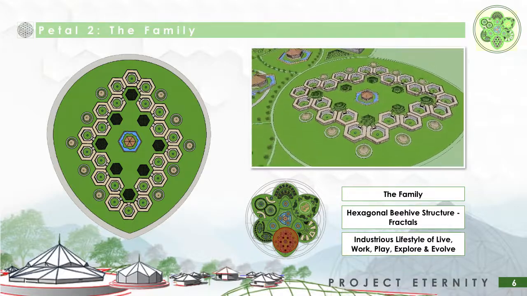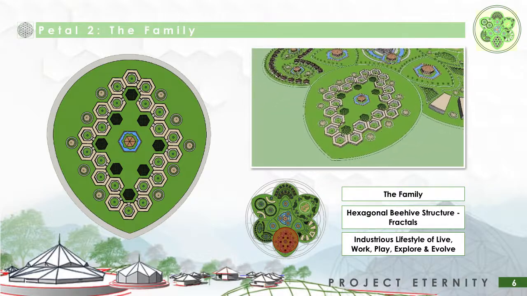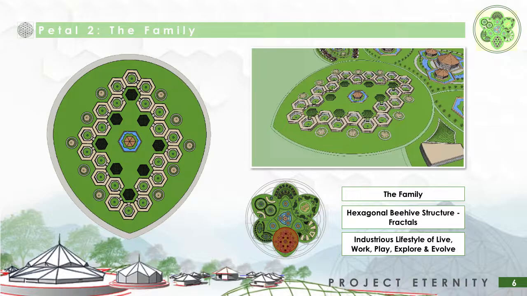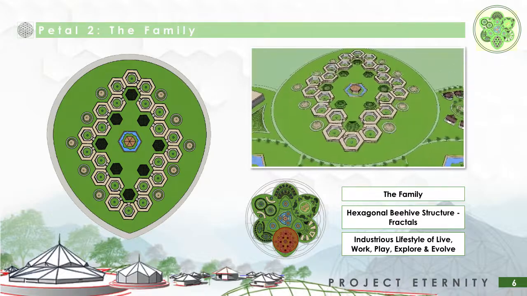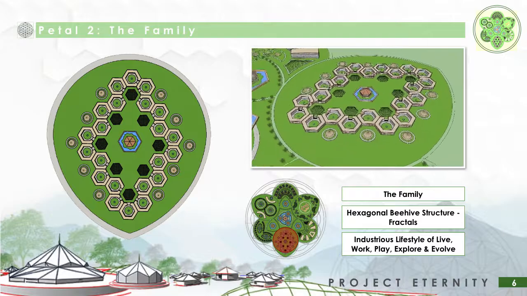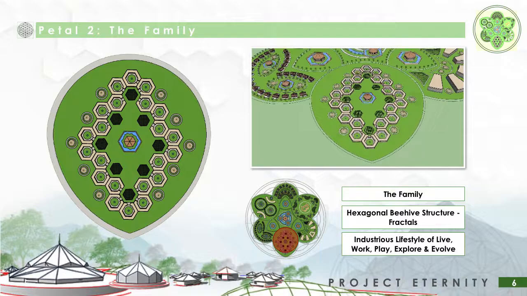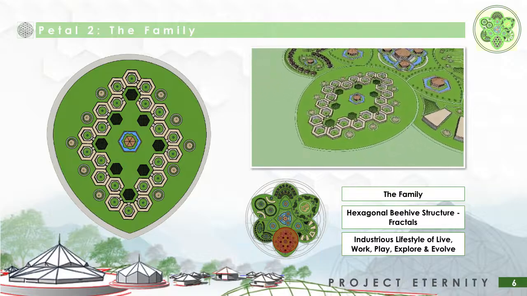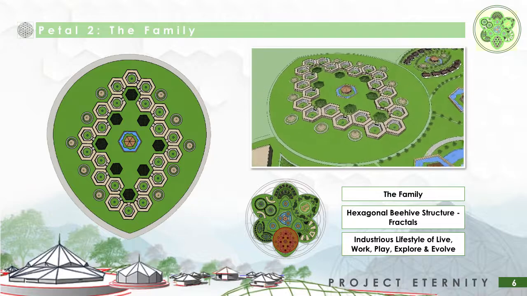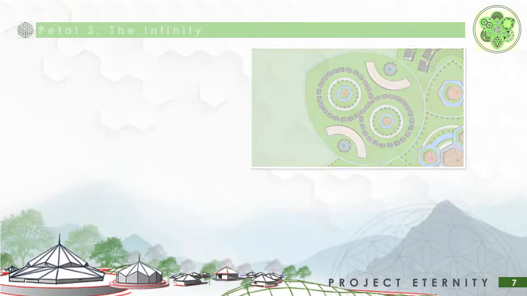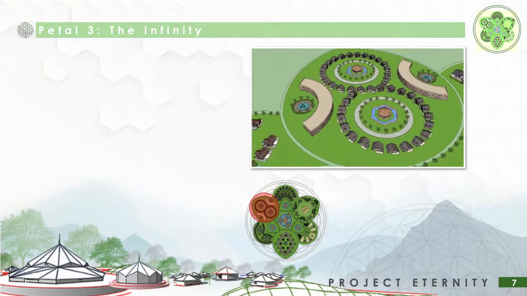This also means that this is the place which exhibits the industrial lifestyle of living, creation, co-creation, working together, playing together, and exploring and evolving together. This is how families bond together and they work as one unit. At Project Eternity, networking is a fundamental aspect because creation happens when you network.